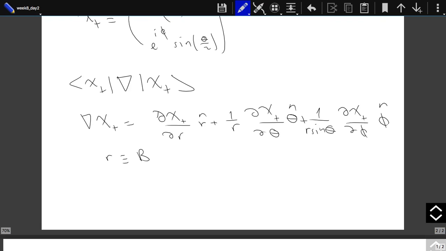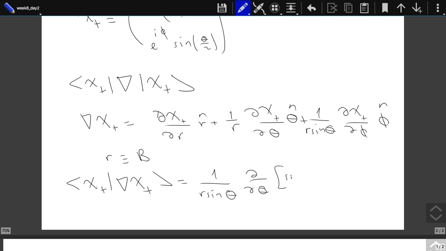I will just skip the steps. This is just 1 over r sine theta, d by d theta of sine theta times i sine squared theta over 2, divided by r sine theta, in the r hat direction. And this is from the, sorry, I wrote the wrong thing.